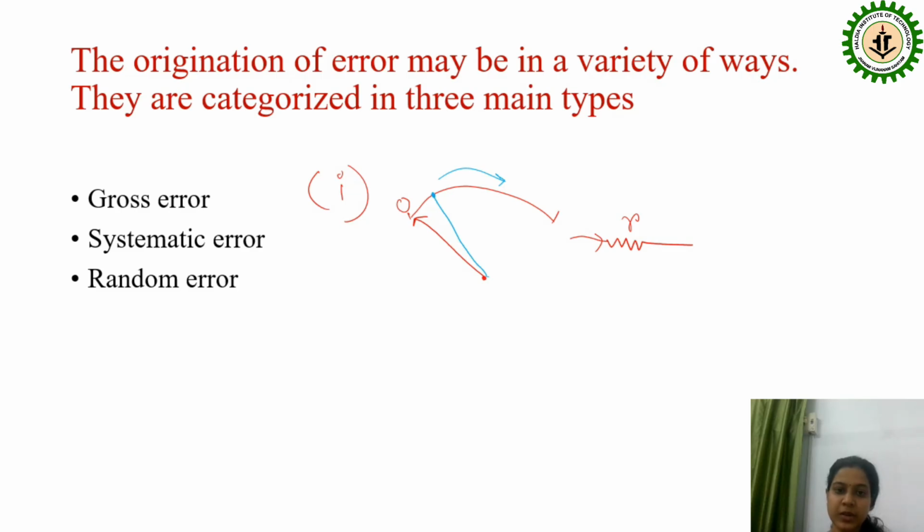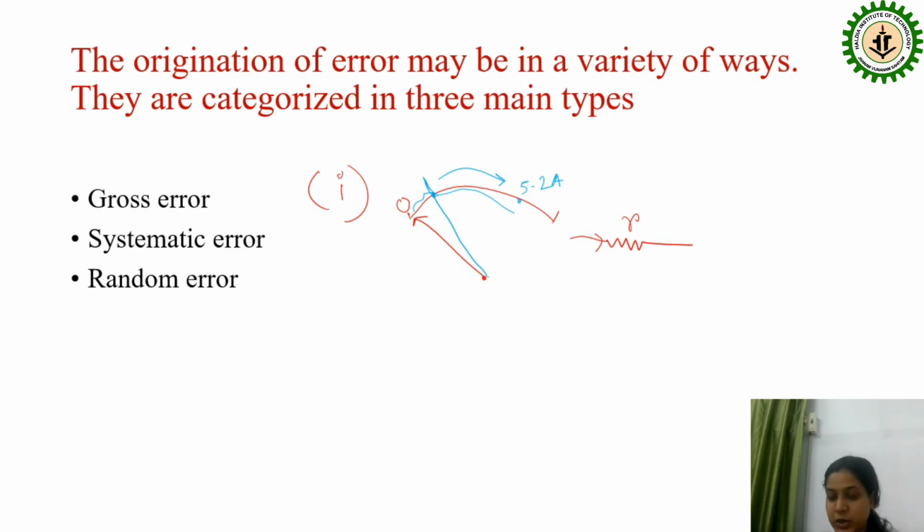That means this is the difference. Instead of 0, it will start from this position. And obviously for 5 ampere current, we are getting something like 5.2 ampere. So this 0.2 ampere will be the difference between the measured value and the true value.